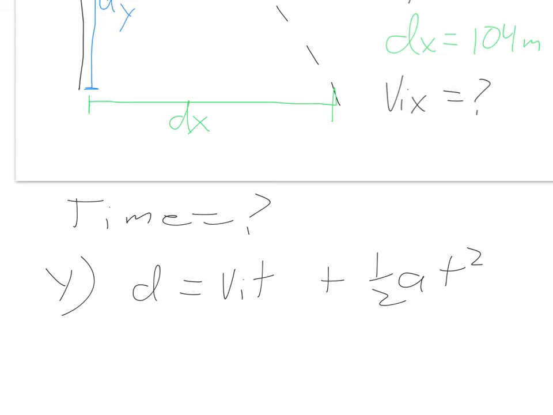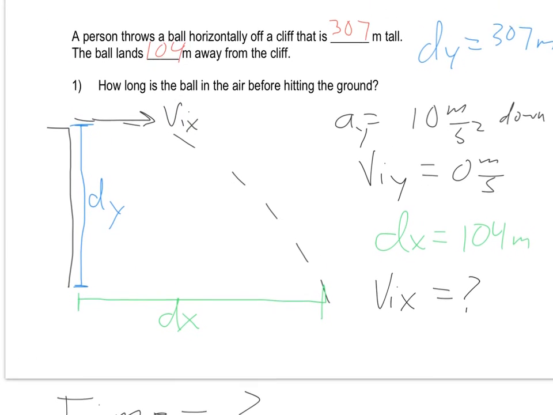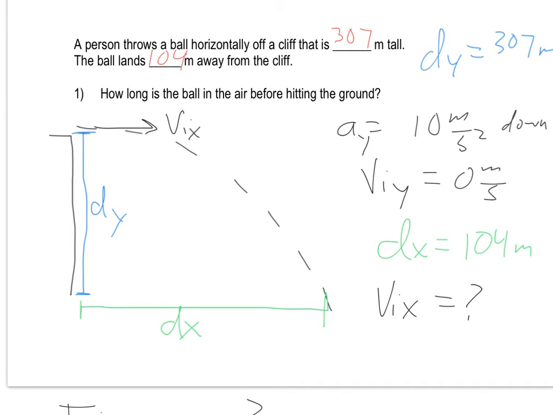Since I'm looking in this vertical dimension, anything that's a vector, I need to label with a little y. So displacement y, that's the distance that the ball goes down, is equal to the initial velocity down plus 1/2 times the acceleration, that's a vector too, that's gravity, times time squared. If I pop back up to my given information, because this is a horizontally launched projectile problem, the initial velocity in the vertical direction, viy, is just 0.